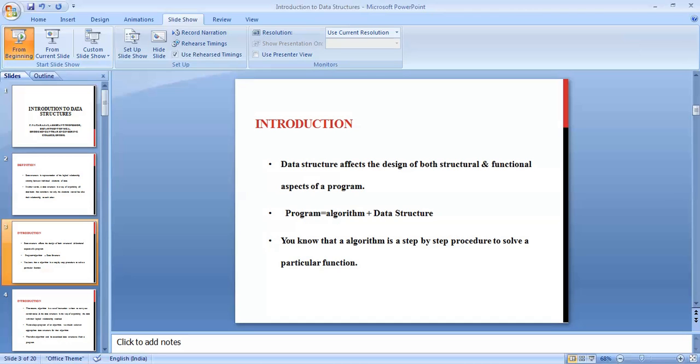We only define the name, but int is the keyword. We can't change that, but we can change the name of an array. Instead of ARR, we can use AR, or ARR1, or N, or only A. That is possible, but the 10 is a fixed value. You can change the 10 into 20, 30, 40, but initially you must mention that fixed count.